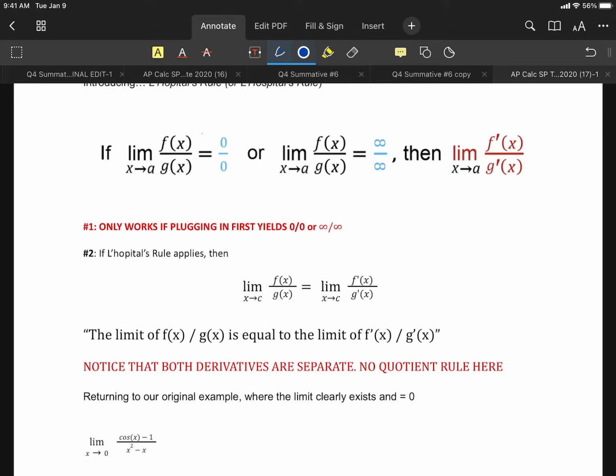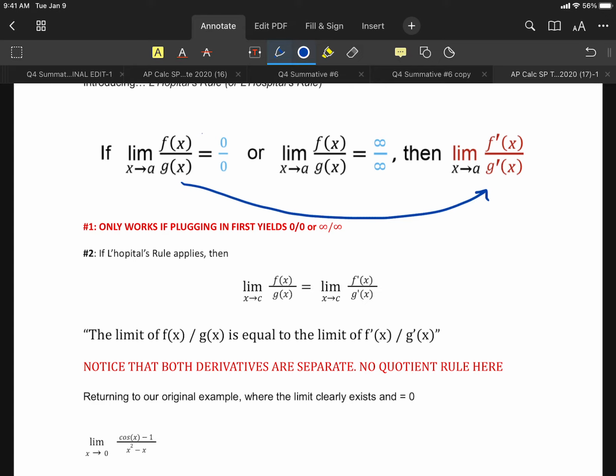But if you get 0 over 0 or infinity over infinity when you try to plug in, it turns out you can find this limit by taking the limit of the numerator's derivative divided by the denominator's derivative, separately.